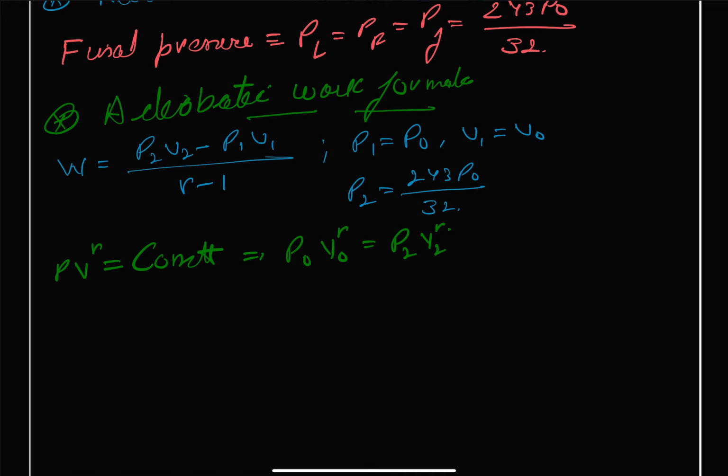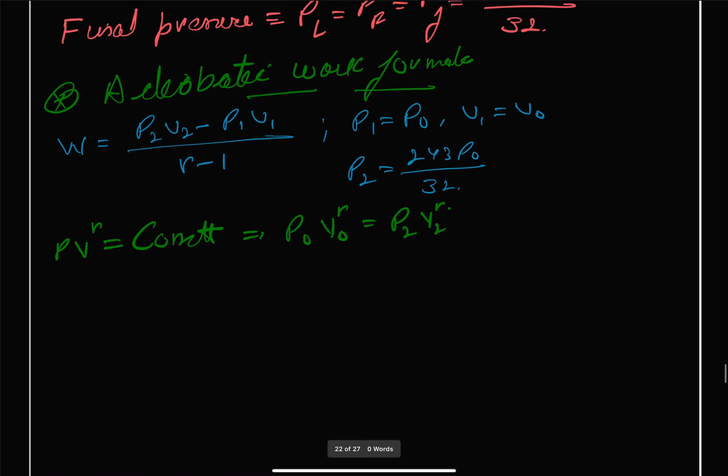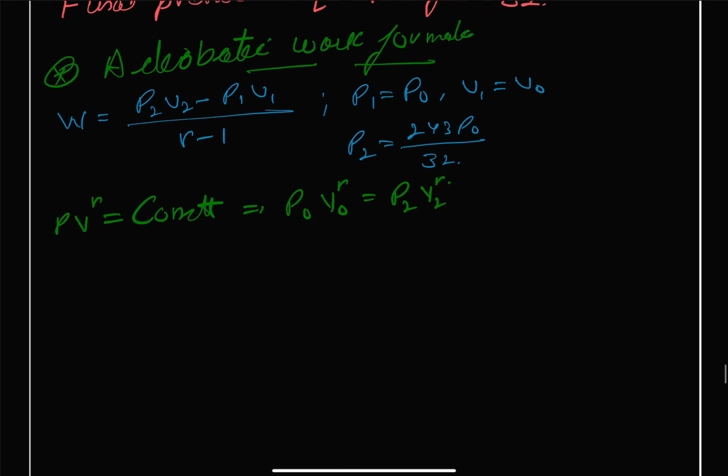Okay. And we are supposed to find out V2, or let us find out V2 by V naught. So we can say that (V2 upon V naught) whole raised to power gamma is equal to P naught upon P2.